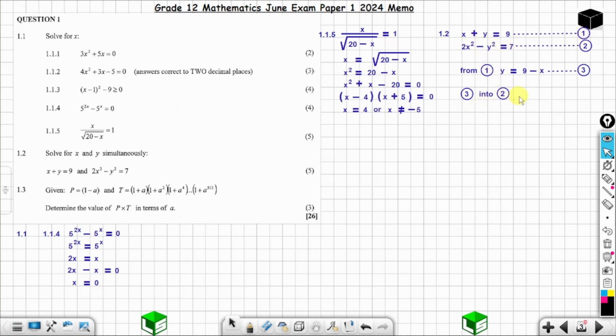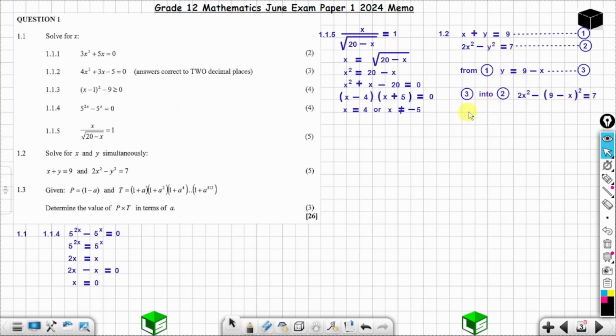In equation 2 you have 2x squared minus y squared equal to 7. In the place of y, you plug in 9 minus x. We carry on.